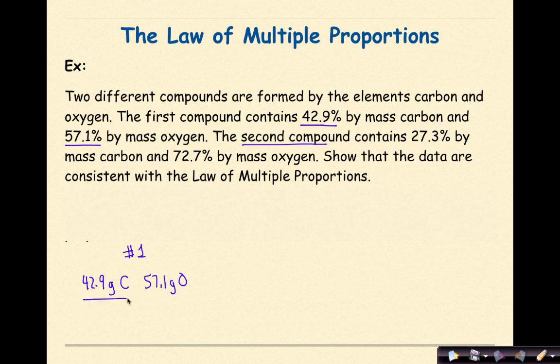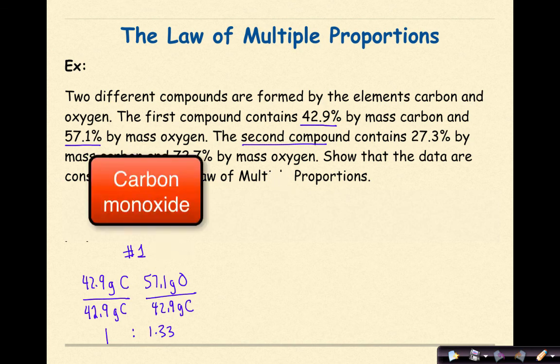So I'm going to divide both by 42.9 grams of carbon, and the ratio I get here is 1 to 1.33. This should look very familiar to a previous example we did dealing with carbon monoxide. So this ratio of 1 to 1.33 says to us, hey, we're dealing with carbon monoxide.